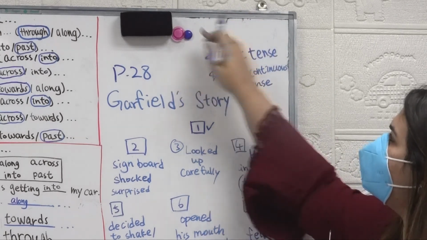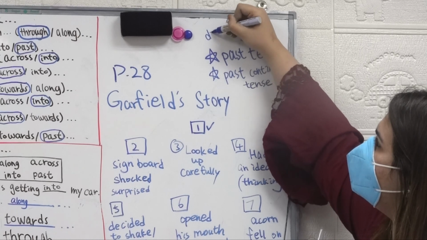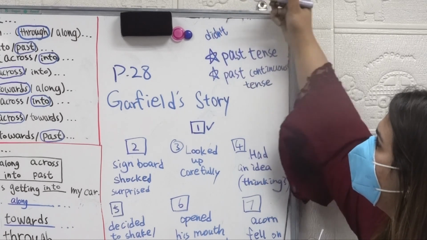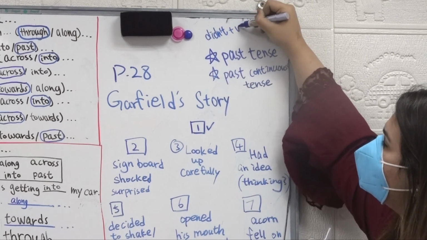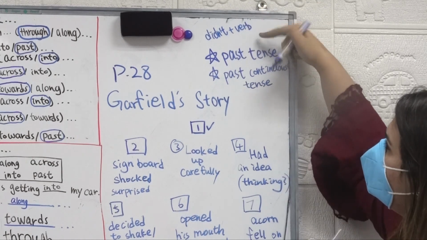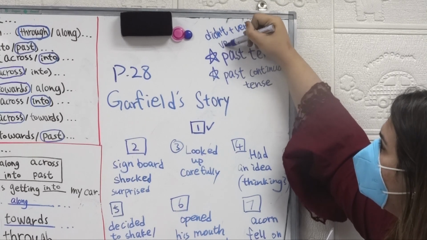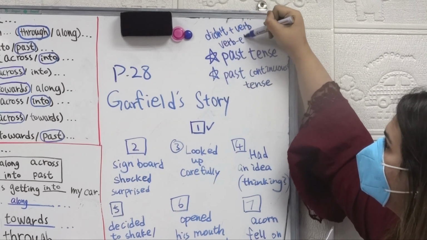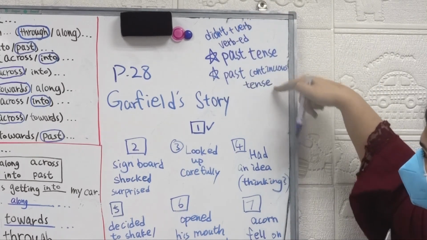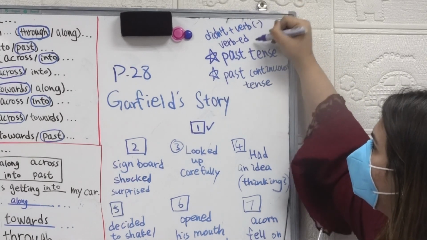So the negative form of past tense is didn't. Remember, it's didn't and the verb in original form. And the regular positive past tense is verb plus ed. Okay? So that's the negative form. This is the positive form.